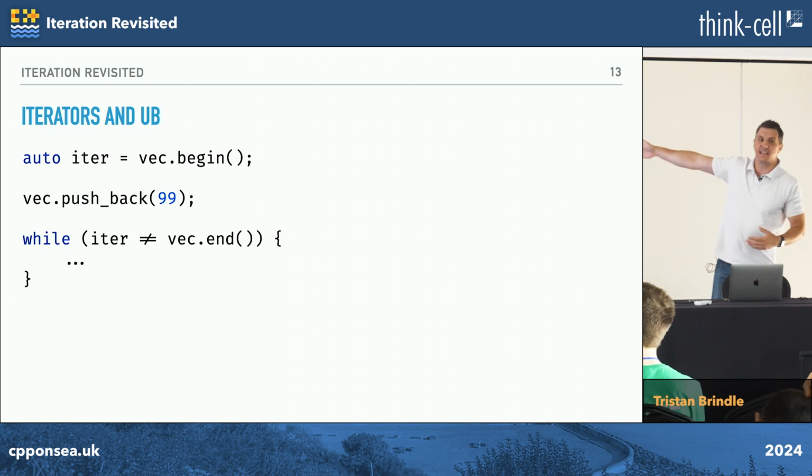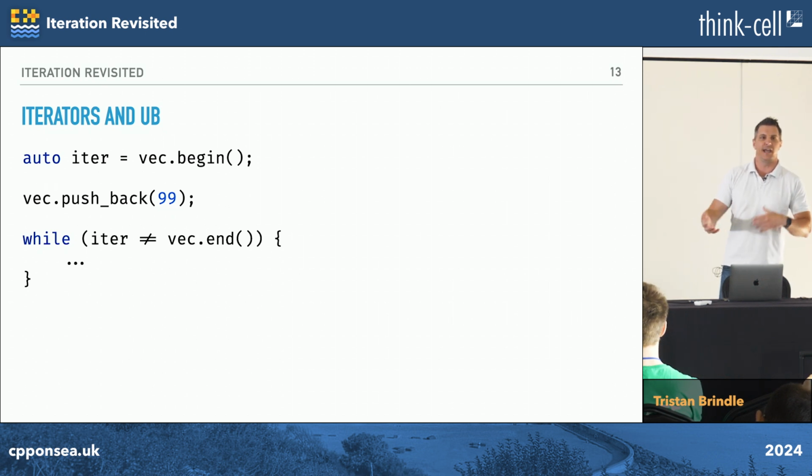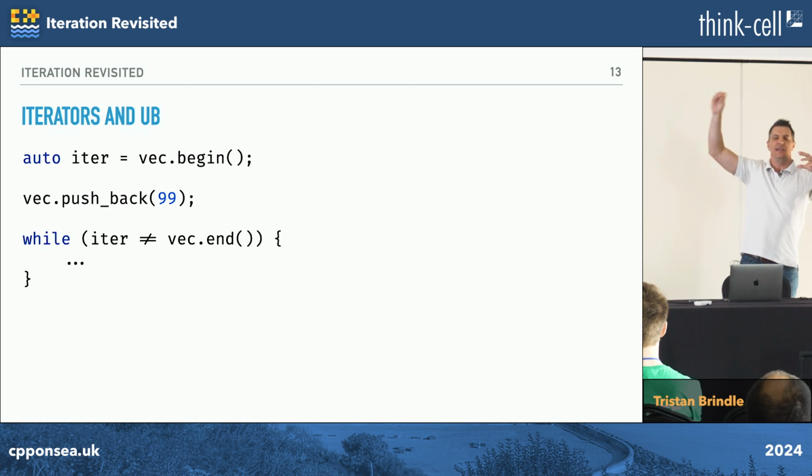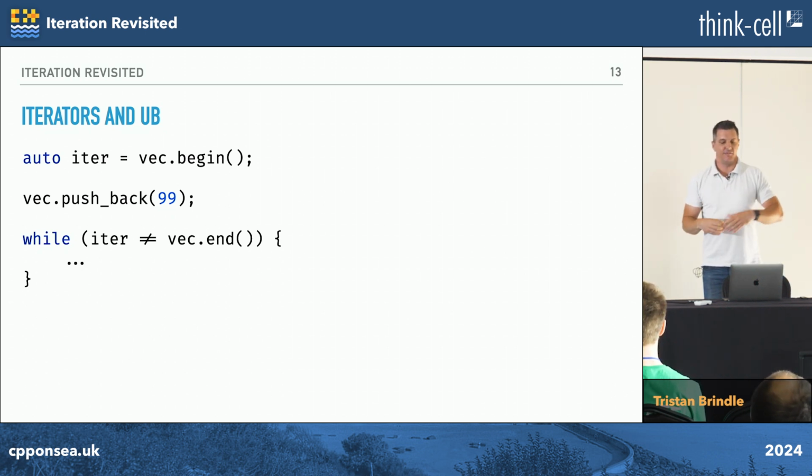So this code can be sitting in your code base for like 20 years, and then all of a sudden, maybe you update your standard library and the growth properties of the vector have changed. Or maybe someone adds a bit of code miles away, meaning the vector's a slightly different size at the start of the function. So now you get reallocation when you never did before, and now we're seeing undefined behavior where previously we got away with it.